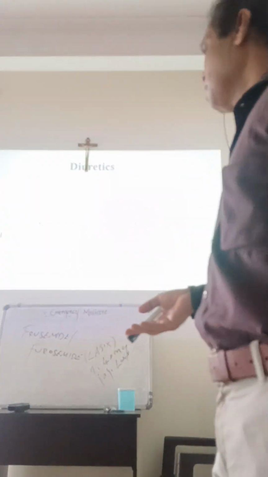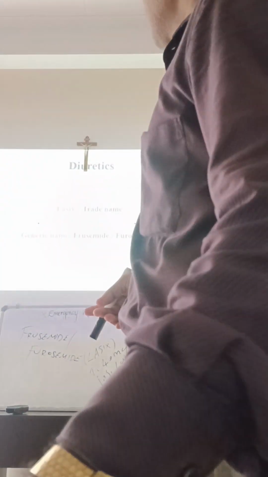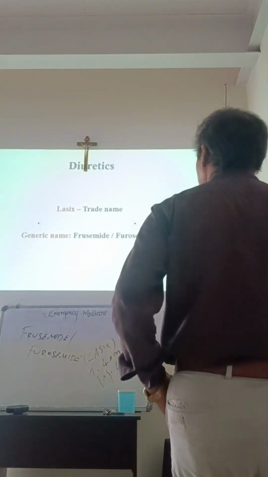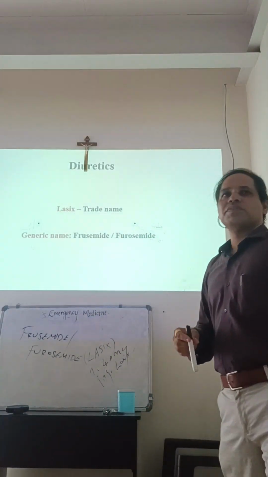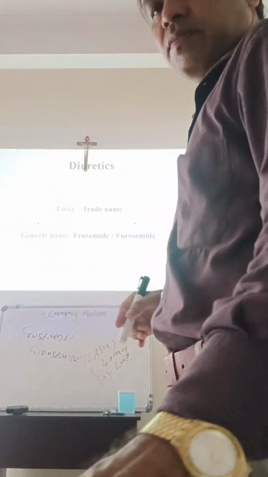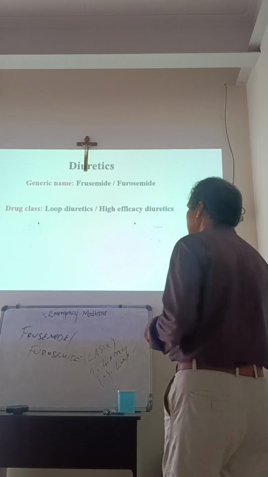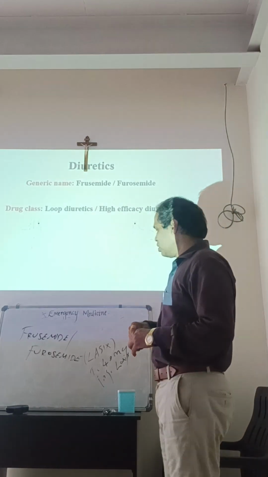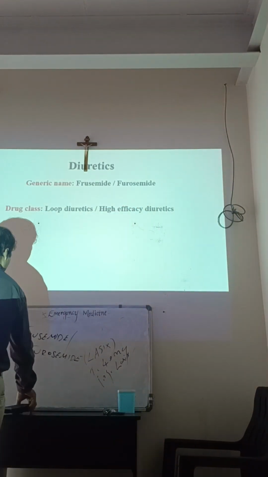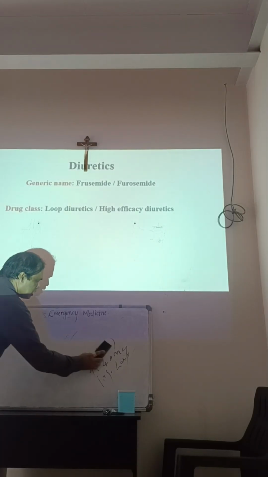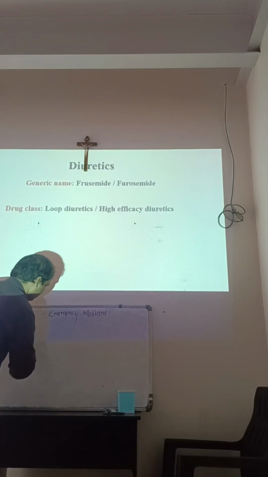Okay, in the market. Now, which group does it belong to? Lasix is a trade name and the generic name is furosemide. It is under the drug class, as I told, loop diuretics or high efficacy diuretics, because it acts on the thick ascending limb.